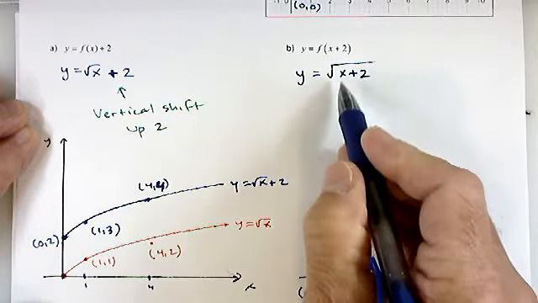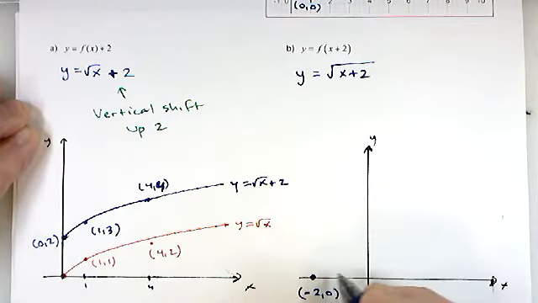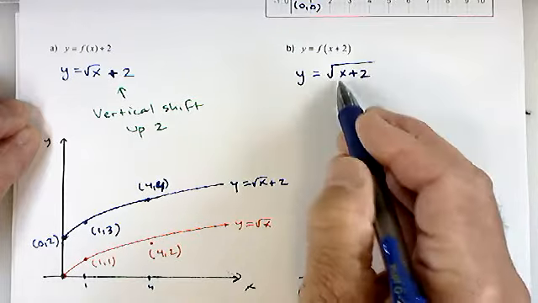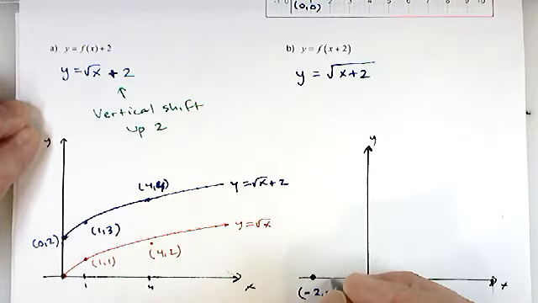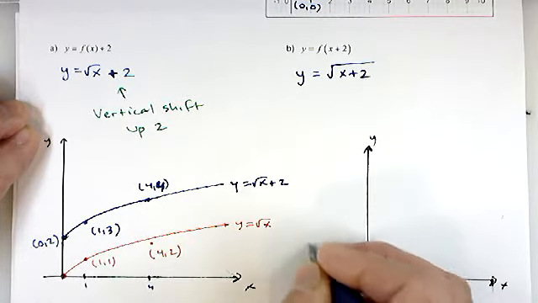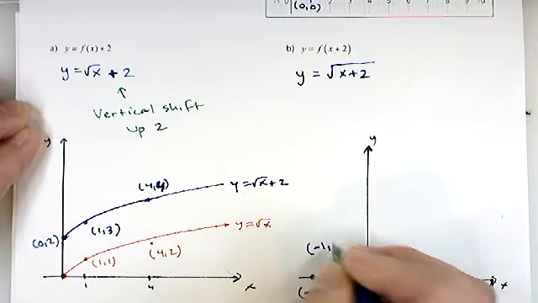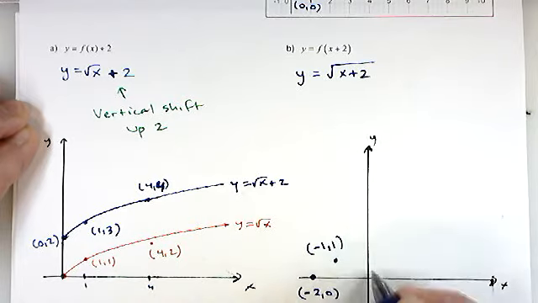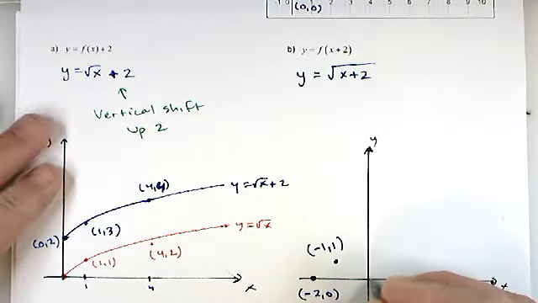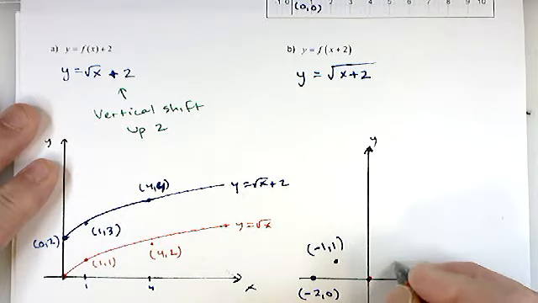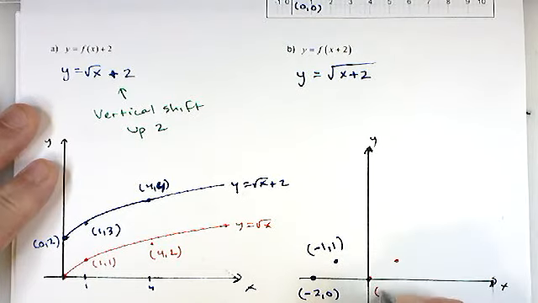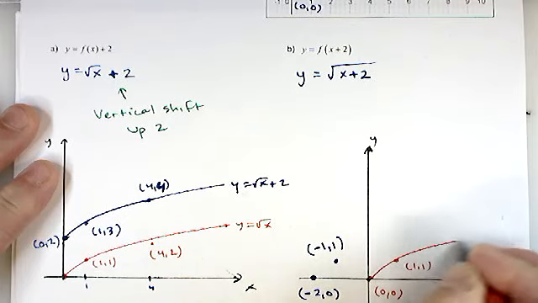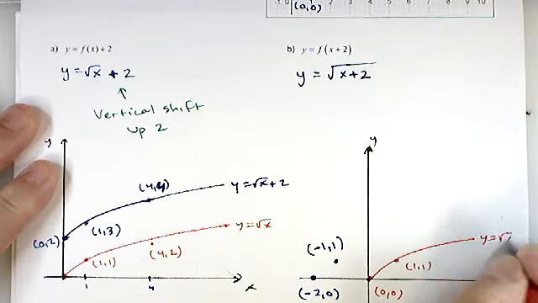All right. And then if I start plugging in some other values, if I plugged in -1, -1 plus 2 would give me 1. The square root of 1 is 1. So this is passing through (-1, 1). And let me get my base graph up here again, because we'll see what's happening with this. Remember, my base graph is (0, 0), (1, 1). Here's regular square root of x.